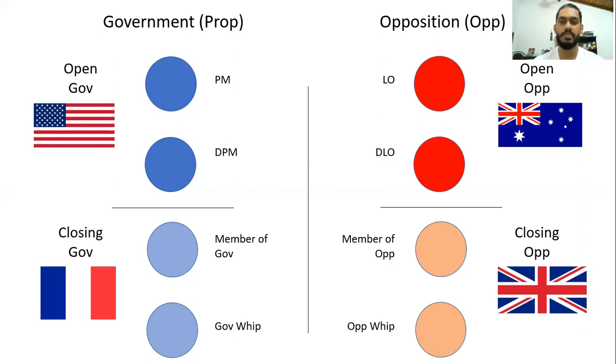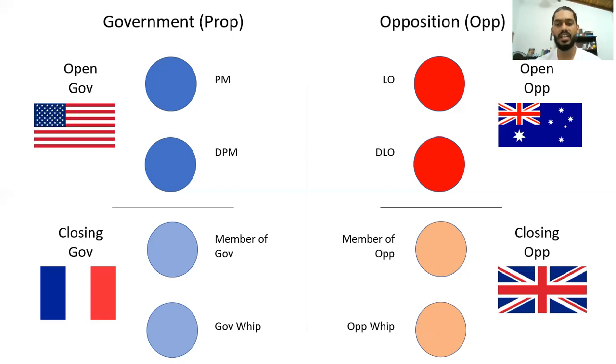Now, if you are going as government whip, three people of the opposition have spoken. And if there are any points that are still remaining unrebutted, you can rebut those. If as a government whip you rebut something that was mentioned by the member of the opposition, you get normal marks. Even if you rebut something mentioned by the deputy leader of opposition, you get normal marks, because the opening government had no chance of addressing those.